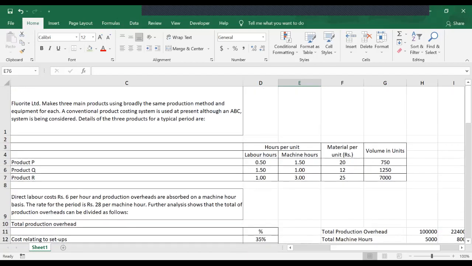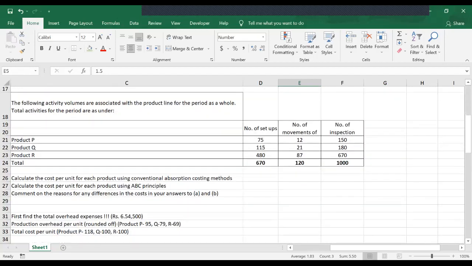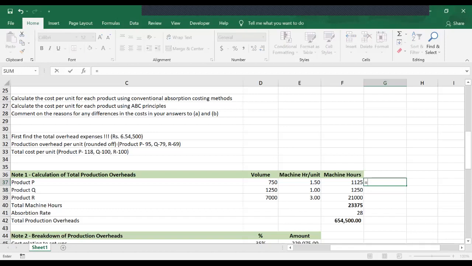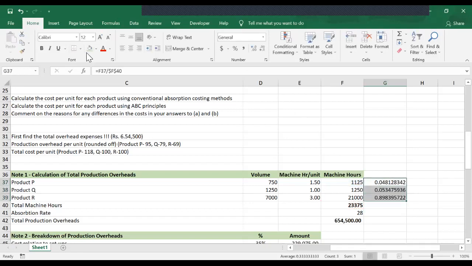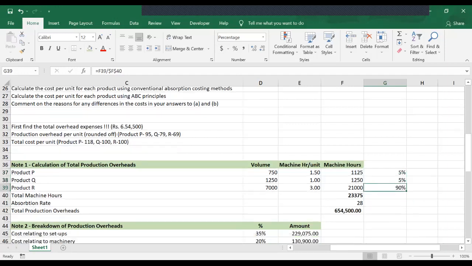In the normal case, everything is allocated on the basis of machine hours. If you calculate the percentage of machine hours, this one divided by F4, you'll see it's very heavily skewed, with about 90% of the costs allocated to product R.